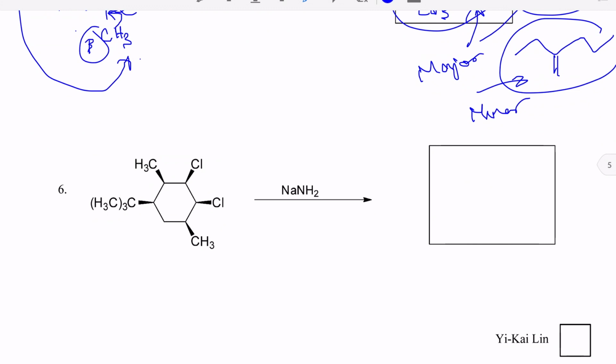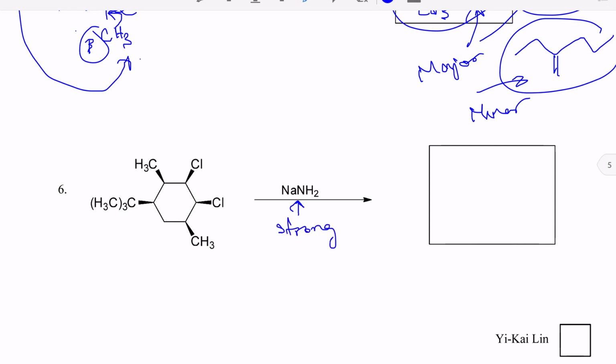For question number 6, we are given this molecule, and it reacts with sodium amide. And I think you should know about sodium amide, and something that will actually serve you well, especially when you move on to Orgo 2, is that sodium amide is a strong base.